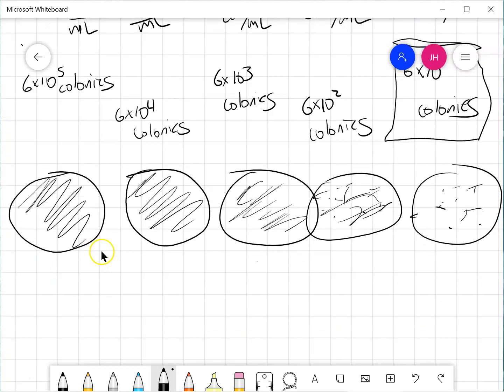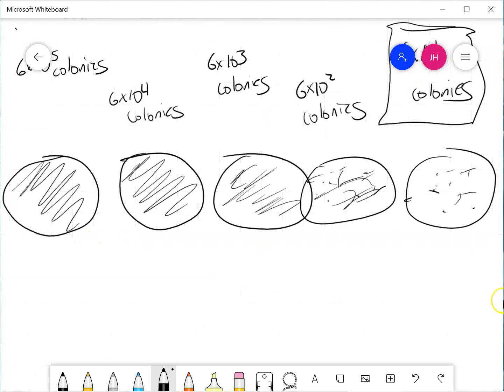So we get our friend and coworker to come in and count them, and they say, okay, too numerous to count. That abbreviation, too numerous to count. Again, too numerous to count, 60.